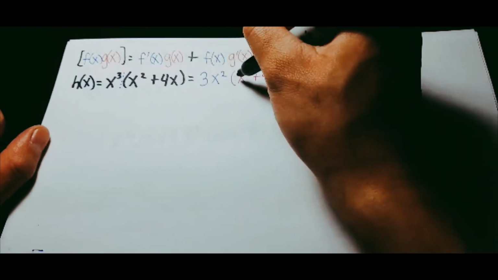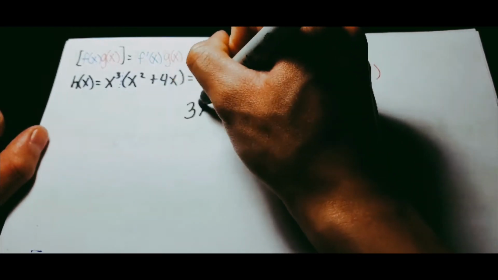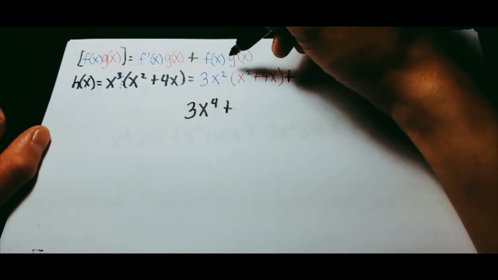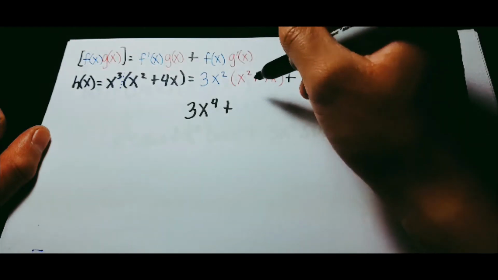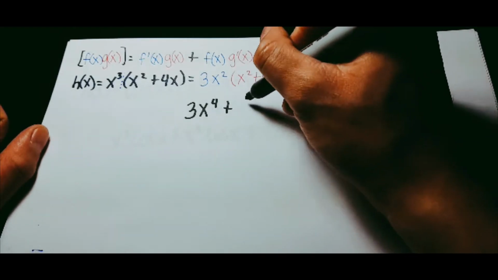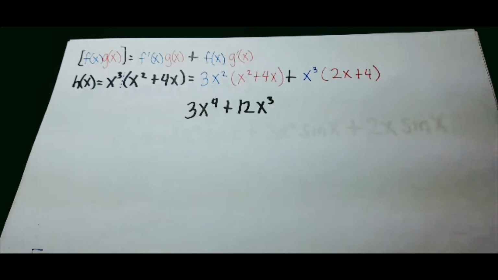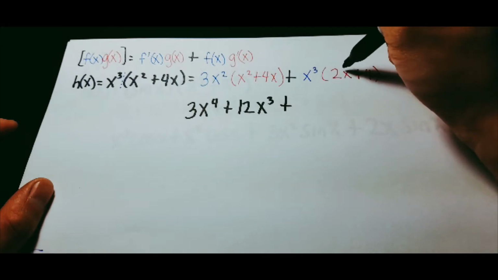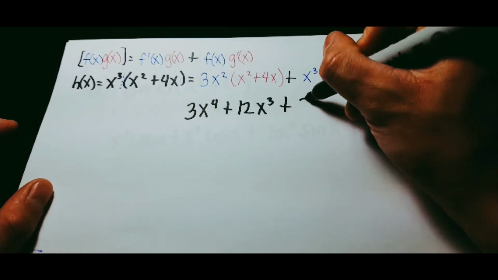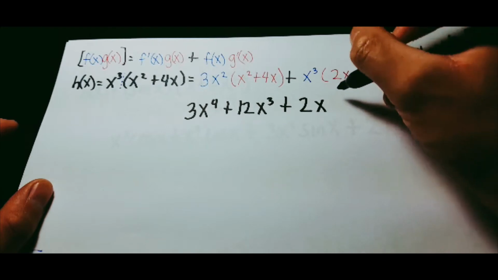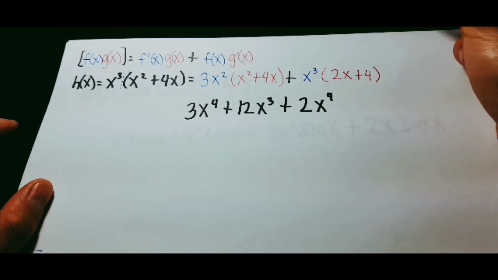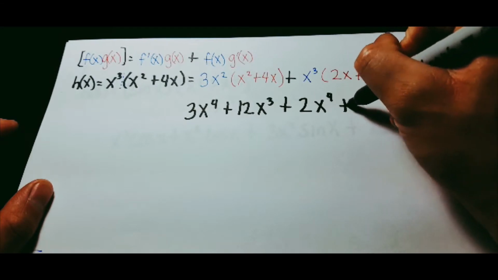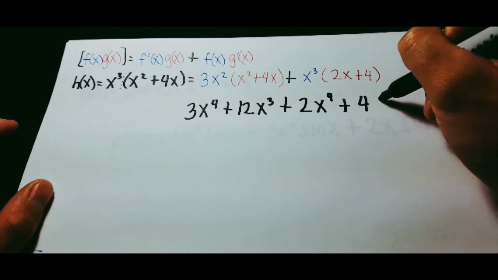It's going to be 3x to the fourth power plus 3x squared times 4x is going to be 12x to the third power plus x to the third power times 2x is going to be 2x to the fourth power. Then x to the third power times 4 is going to be 4x to the third power.